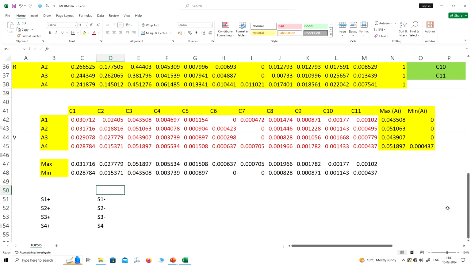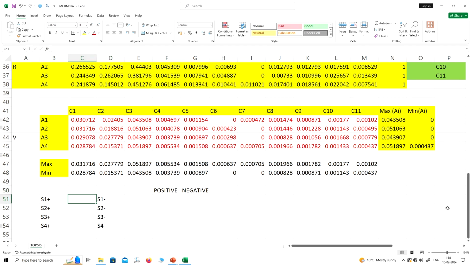And here I will find out the ratios based on positive and negative. Negative and positive means the NIS and the PIS concept we are trying to use.